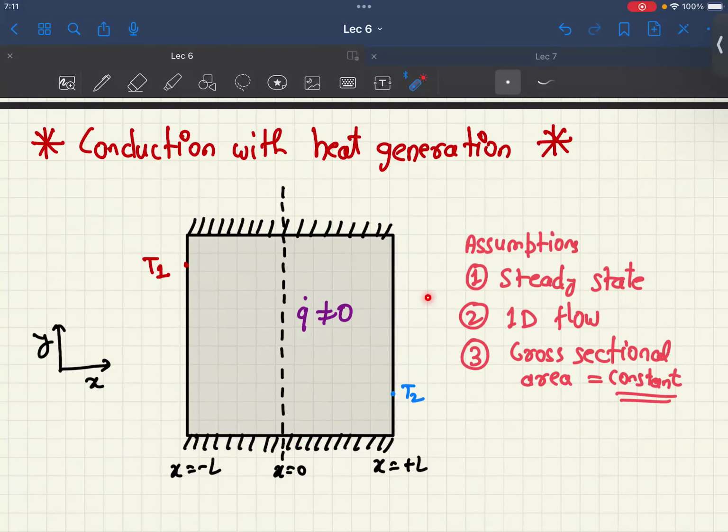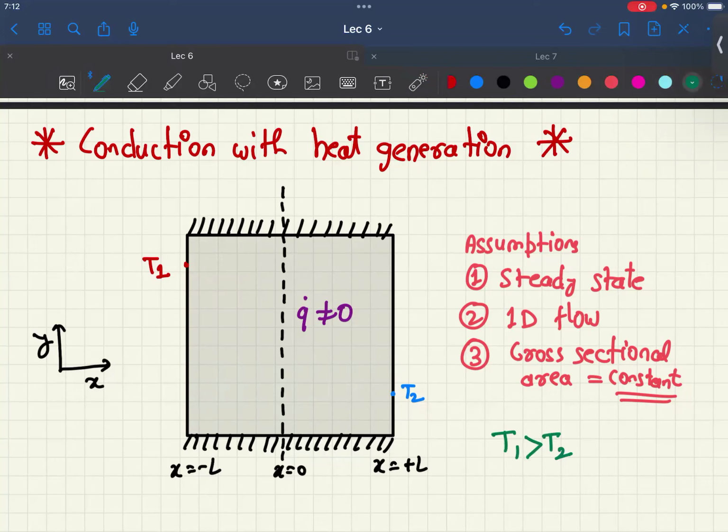slab, right? So here we have a rectangular slab, where the temperature of one of the surfaces we are maintaining at temperature T1, and the temperature of the other surface we are maintaining at some value T2, where T1 is greater than T2, right?